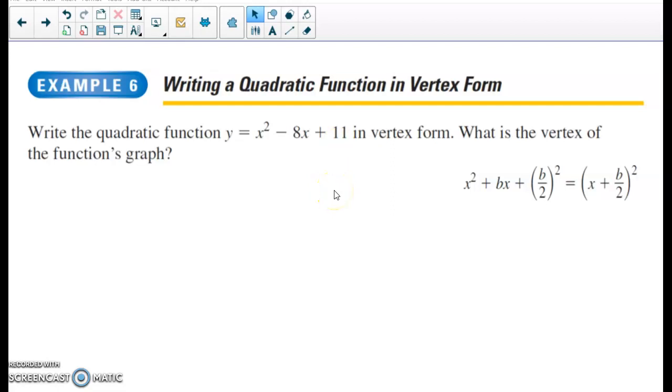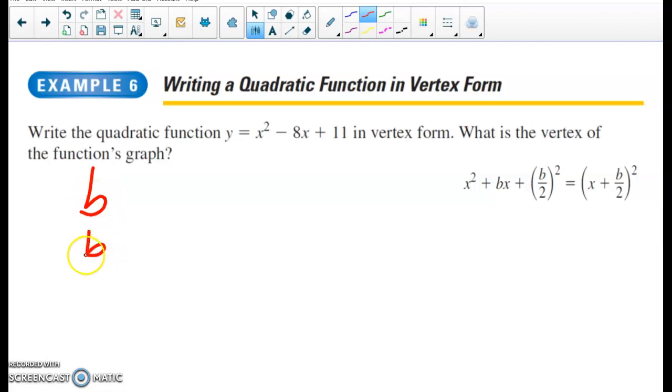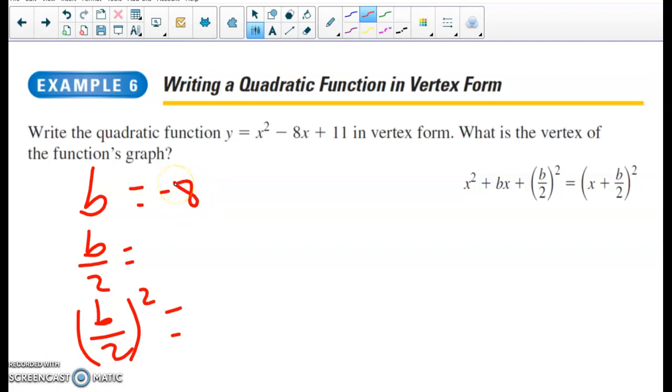All right, so we're going to start by again writing b over 2, and b over 2 squared. All right, so b is negative 8. If I divide negative 8 by 2, I get negative 4. If I square negative 4, negative 4 times negative 4 is 16. So what I need in this location is a 16, and I don't have one.